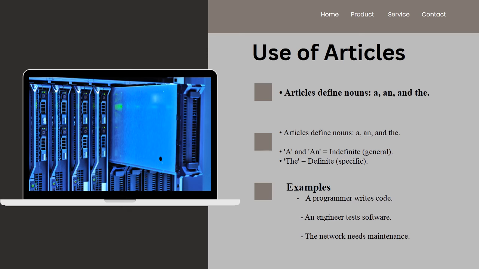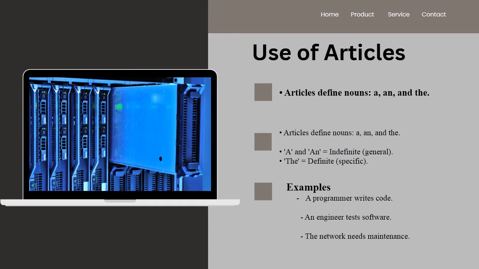Now let's move to articles. Articles may look small, but they carry a lot of meaning. They tell us whether a noun is general or specific. We use a before consonant sounds, like a programmer, and an before vowel sounds, like, for example, an engineer.